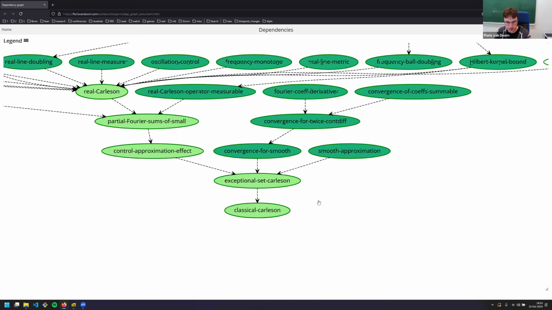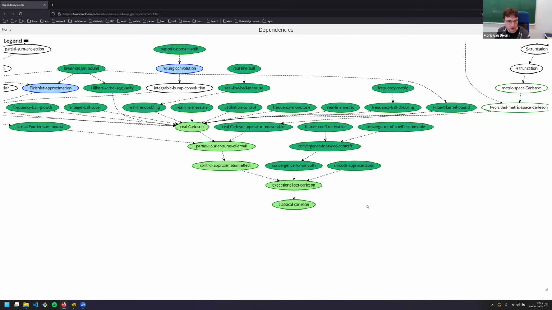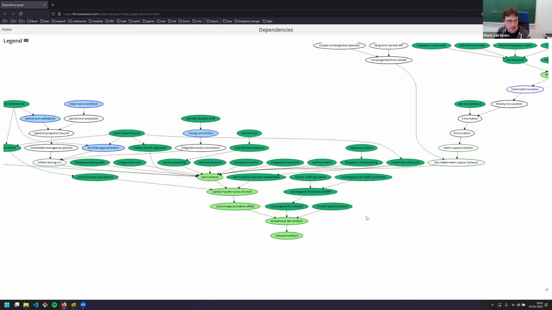Here at the bottom is the classical Carleson's theorem, and each of these bubbles is a lemma in the proof. Green means that it's done. These parts are all done, but when I scroll out a bit you see that there are still quite a couple of things that are not yet finished. The white and the blue bubbles mean they are not yet done.